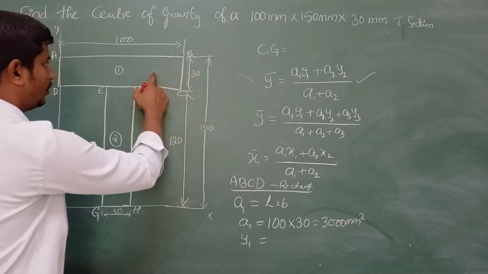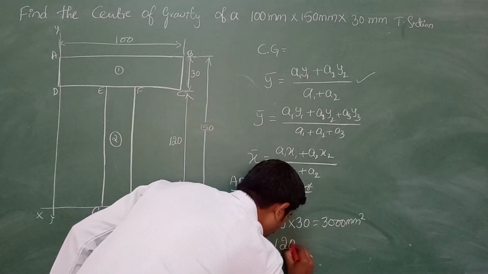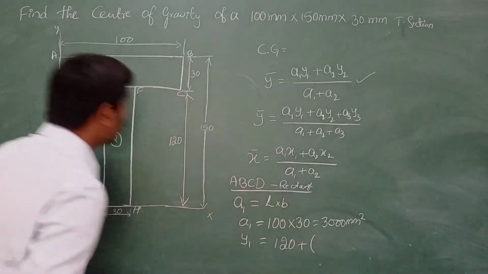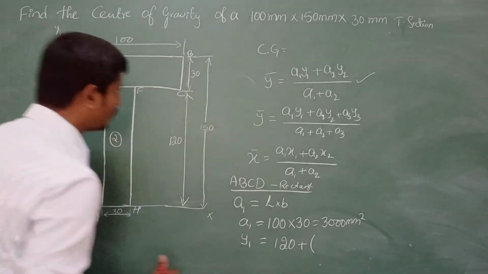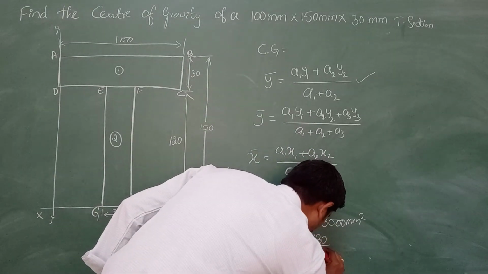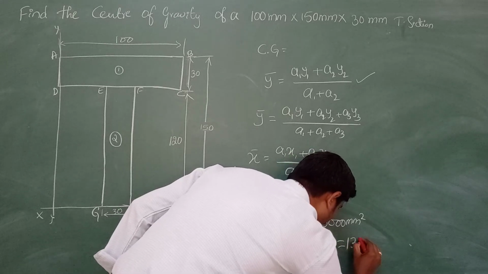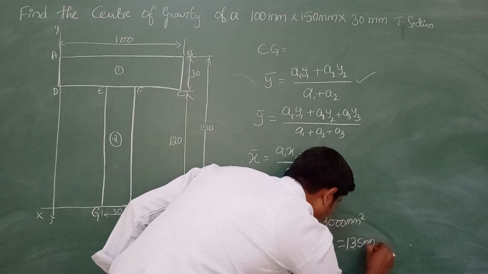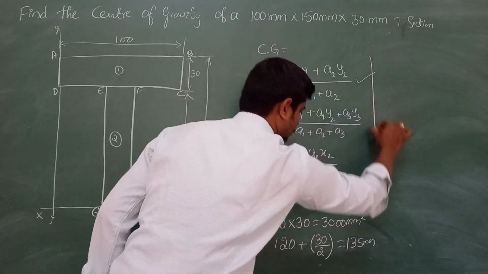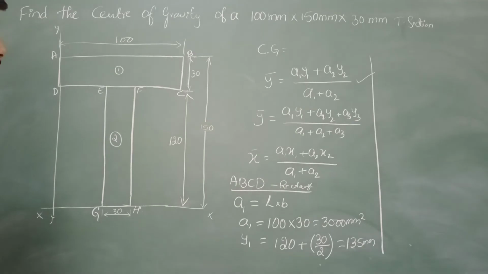Next, the center is 120 plus half of BC, which is 30 divided by 2. The value becomes 135 mm.